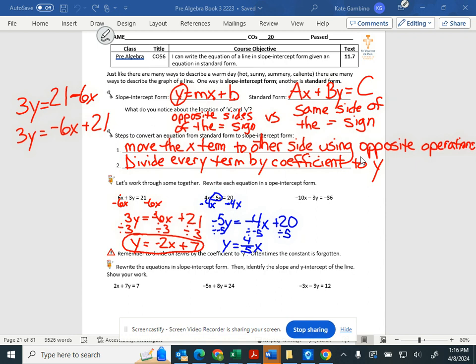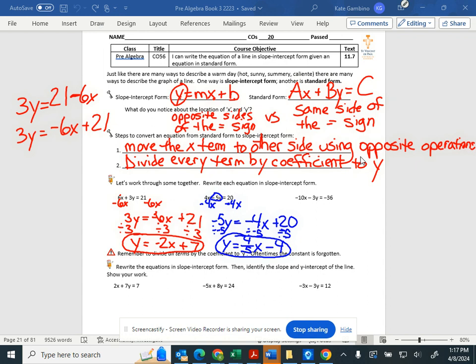Some of us got burned on the last test forgetting to simplify down to those positives. And then finish it off. What's 20 divided by negative 5? It would be a negative 4. Does everybody see how we got that?